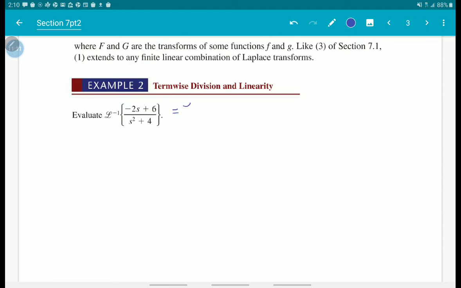So let's use those transformation properties and rewrite this. We're going to split that numerator and see if that's going to help us make things a little bit easier for us. And then we could also pull this negative 2 out of the first piece and pull the 6 out of the second piece.